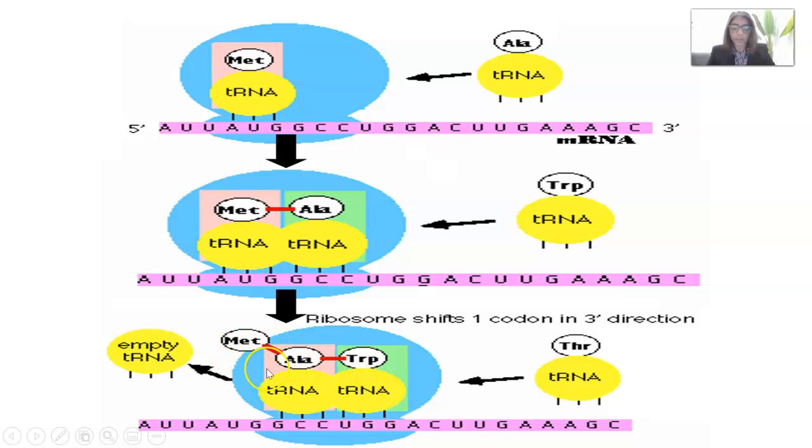So the ribosome runs along the mRNA code and brings in those tRNA molecules, and they are read. And as that code is read, the tRNA molecules bring their corresponding amino acids, and the amino acid sequence continues to grow.